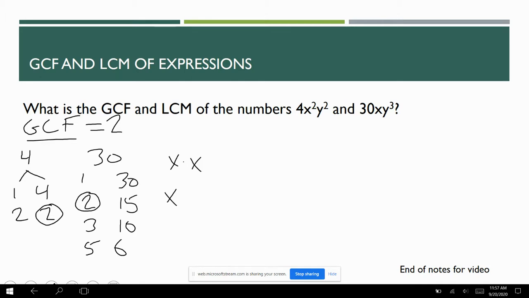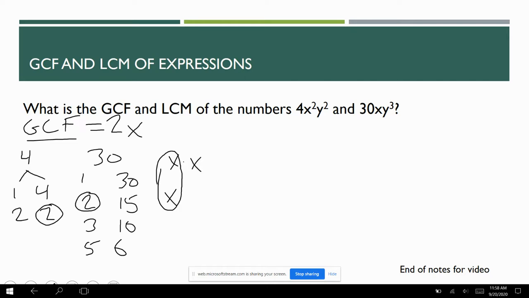So when we're identifying the GCF with variables, we're looking for the fewest x's, because that is how many x's that they share in common. Okay, so here they each have an x. So there's going to be one x in your GCF.